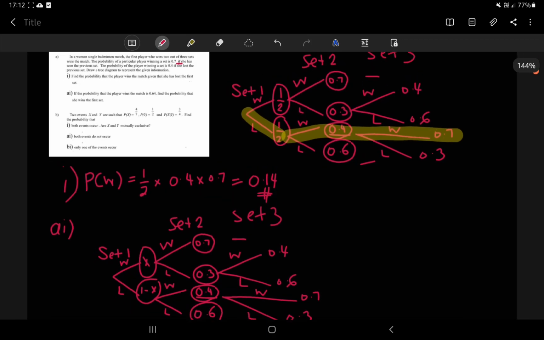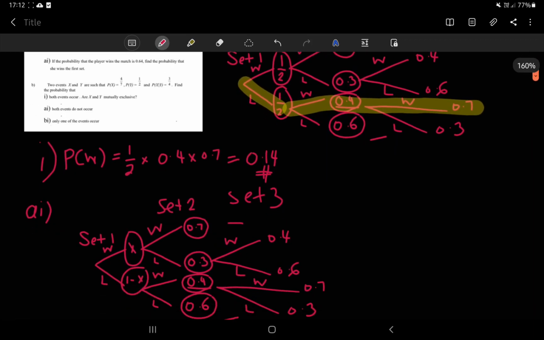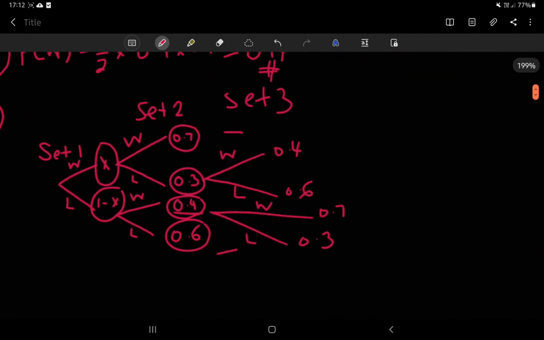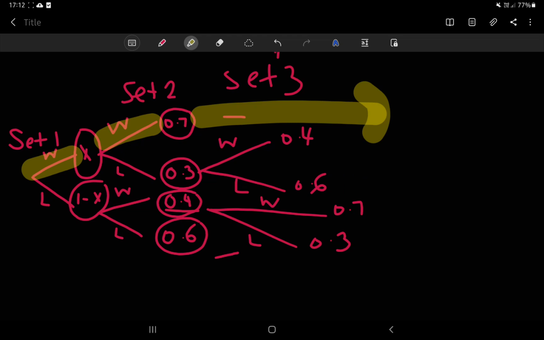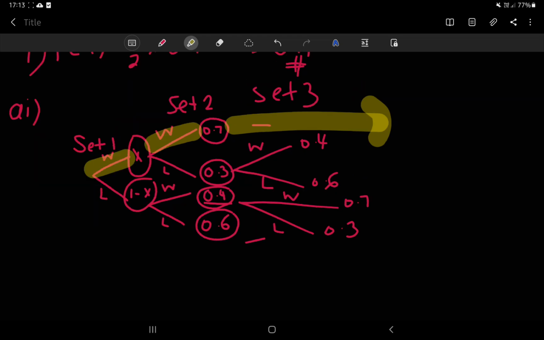Because she wins the badminton match, we have several cases to consider. First, if she wins here and wins there, then she will win the overall game. So that's the first case to win, let's mark this.